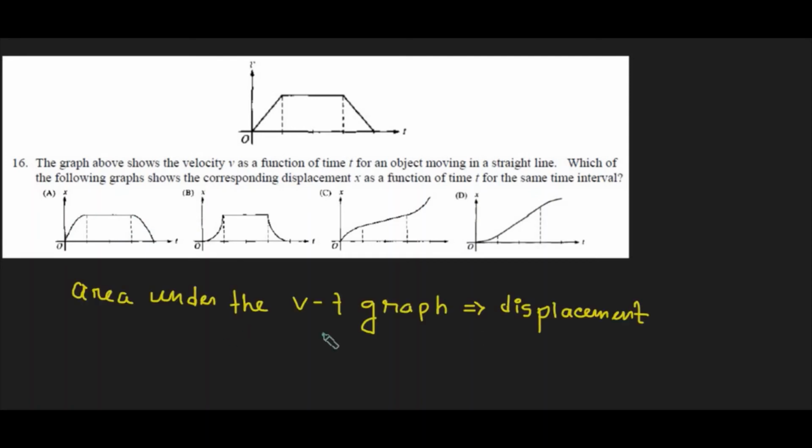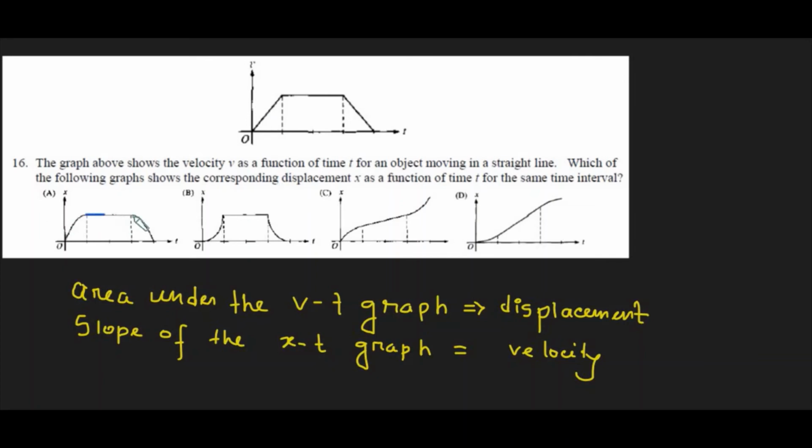In the first option A, the displacement-time graph is given, but in the center position there is no displacement with respect to time. We know that the area under the v-t graph represents the displacement, and the slope of the displacement-time graph represents the velocity, which means if we find the slope or gradient, that represents the velocity.